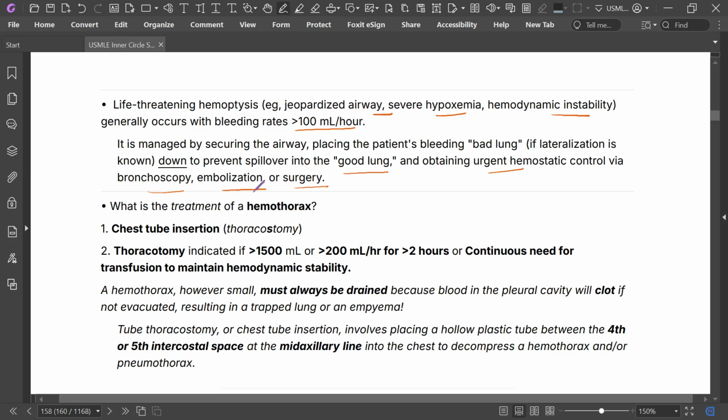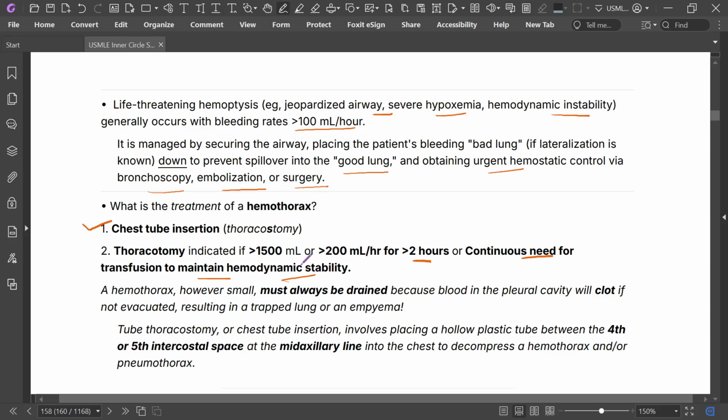What is the treatment of hemothorax? Chest tube insertion, thoracostomy. Thoracotomy if more than 1500 ml of blood is lost, or more than 200 ml of blood per hour for more than 2 hours, or continuous need for transfusion to maintain hemodynamic stability.